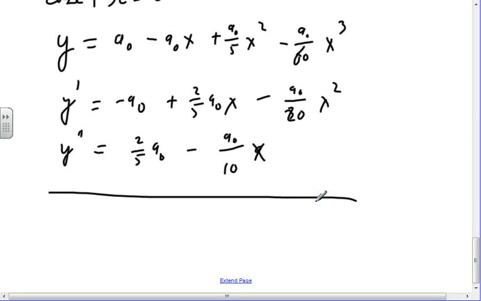What problem is this? This is 20. Okay, so I want 3x, I want 2, and I want 2. I don't think that works. That's 6 over 5, so that doesn't work.